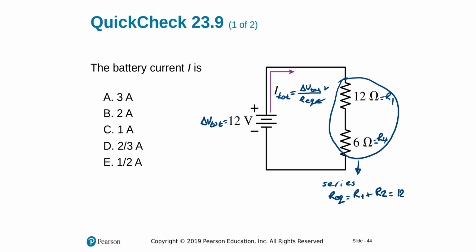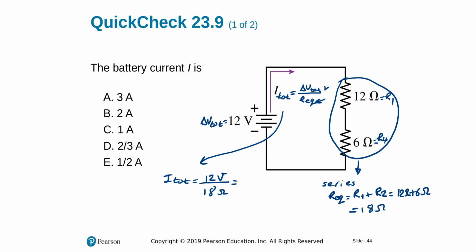That's 12 ohm plus 6 ohm, 18 ohms. And inserted in there, I total is equal to 12 volt divided by 18 ohms.